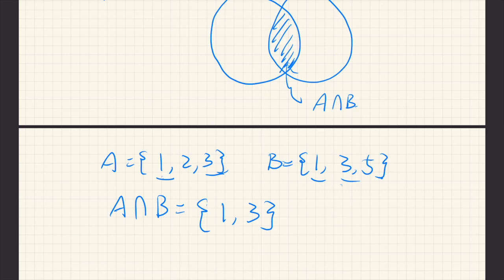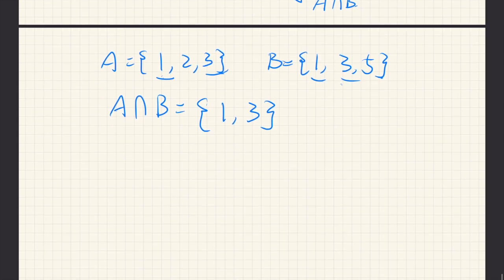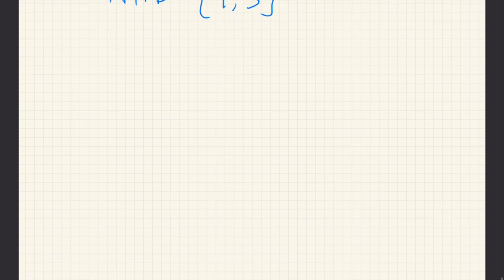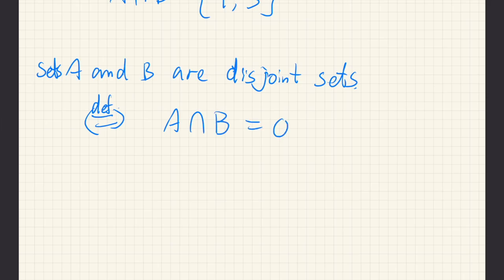Okay, next, using the notion of intersection, we define the notion of disjoint sets. Okay, and we say sets A and B are disjoint, by definition, if their intersection is the empty set.